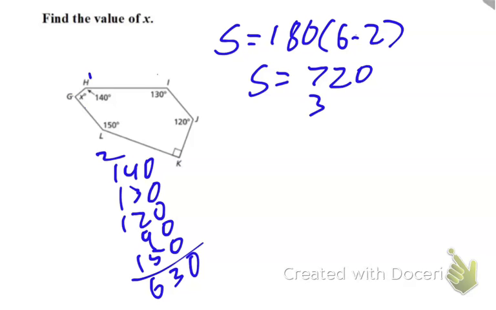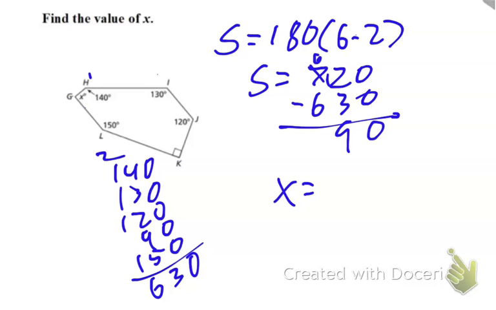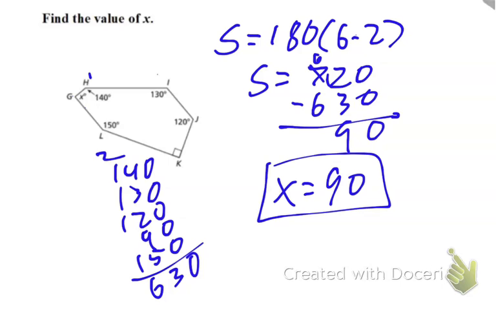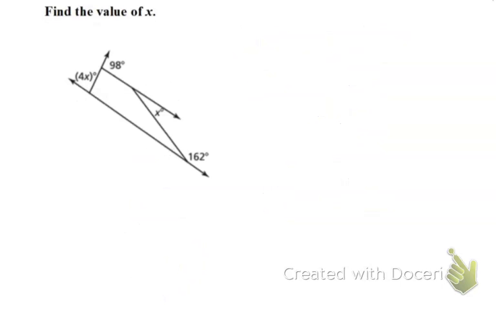So we're going to subtract 630 from 720, and that's 90 degrees. So x equals 90. That's not too bad, right? Not too bad. All right, let's do one more example.